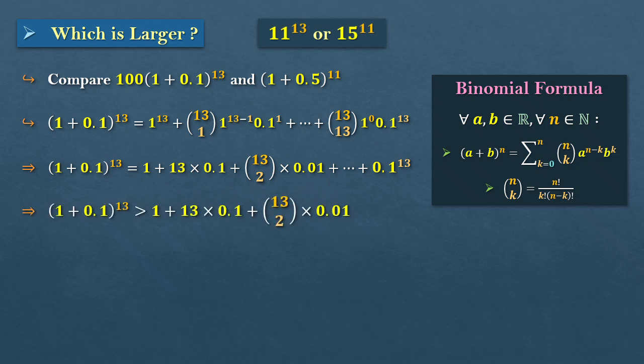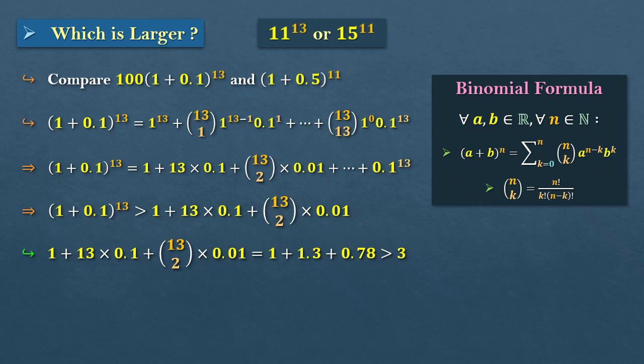This means that (1 plus 0.1) to the power of 13 is strictly greater than 1 plus 13 times 0.1 plus the binomial coefficient of two elements chosen from 13 elements multiplied by 0.01. But we know that this is equal to 1 plus 1.3 plus 0.78 and is strictly greater than 3.